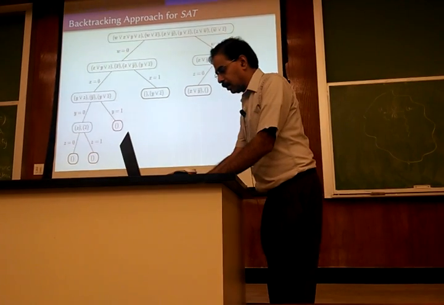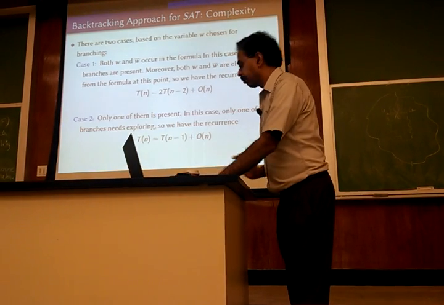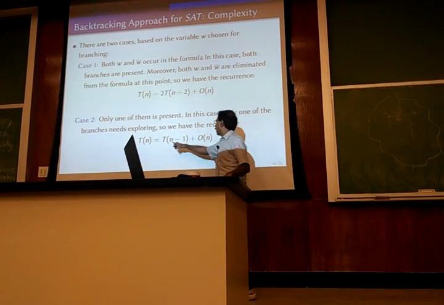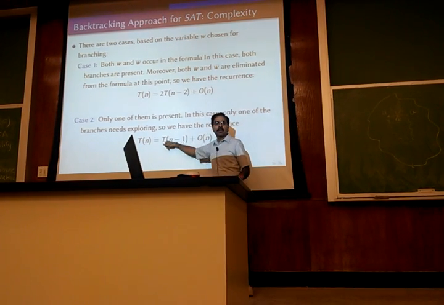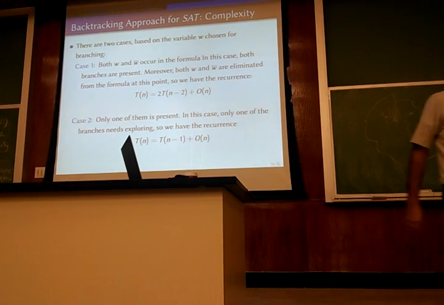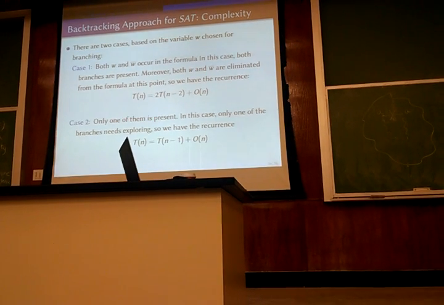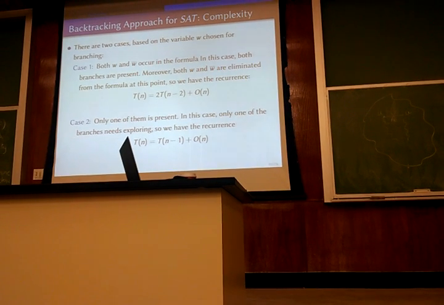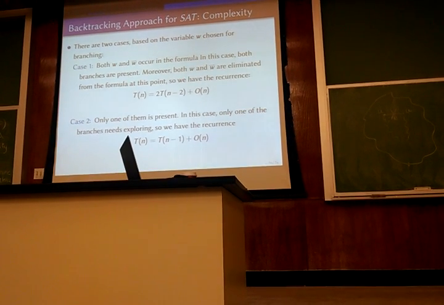So the recurrence becomes T of n equals T of n minus 1. There's only one subproblem, but also you lose a little bit in the sense that you haven't eliminated two literals, you only eliminated one, because only W or W bar occurs.